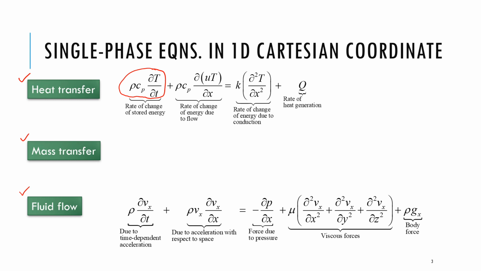If it reduces with time, it stores less energy. So the first one has to do with storage. The second term has to do with how energy is carried. So notice the velocity u. It has to do with how energy is simply carried due to bulk flow.